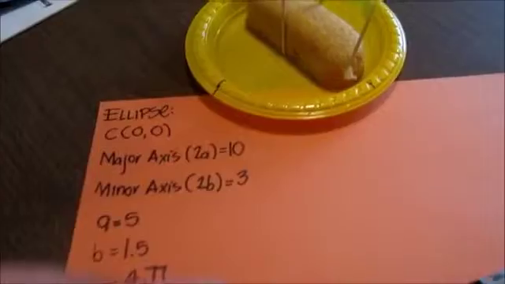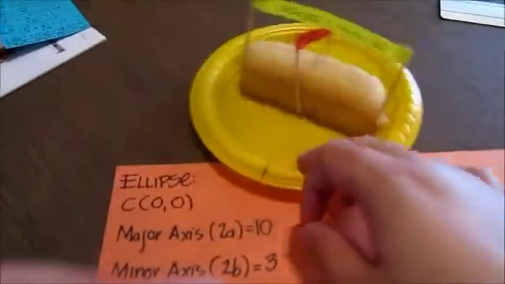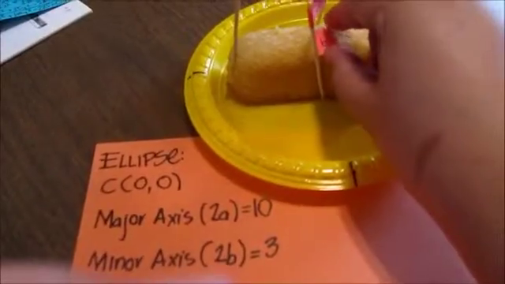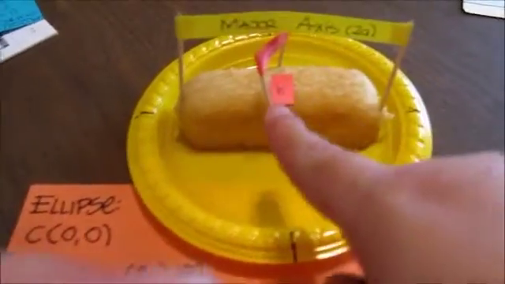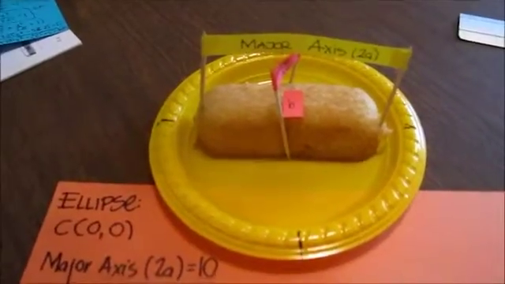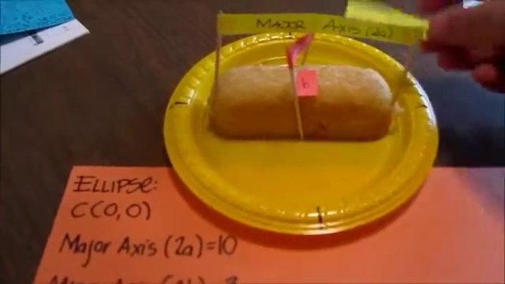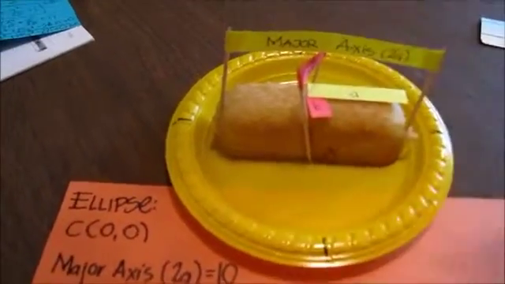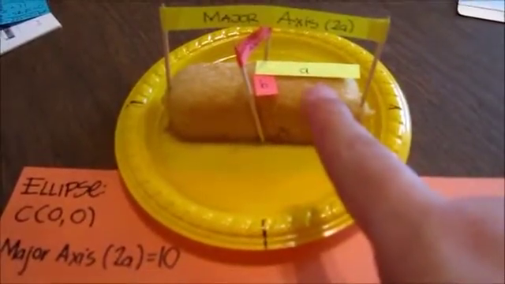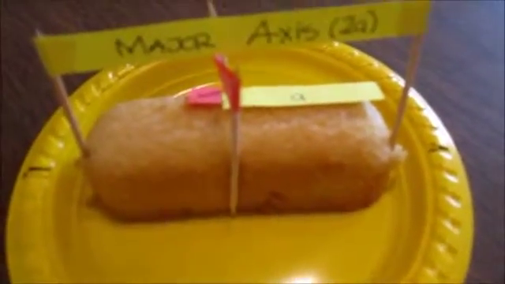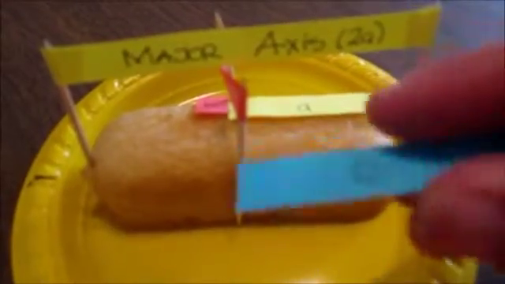Also, I cut this little paper so you can see it here. From the center to the minor axis, remember you are going to see the b value, and from the center to the major axis you are going to see the a value. Right. Okay, I placed it here, a, b, and the last one is the c.